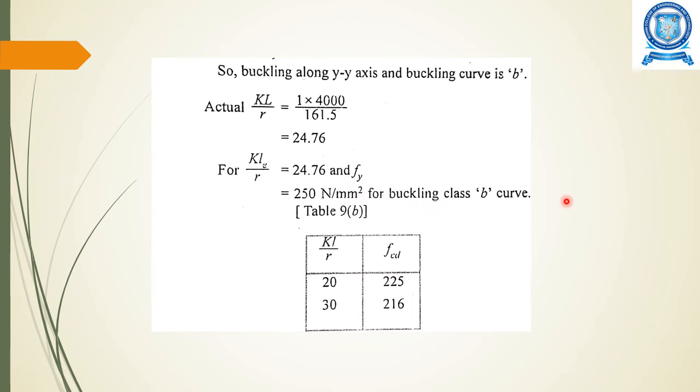For buckling class B, we choose table number 9B of IS 800-2007. For KL by R value 20, the FCD value is 225. For KL by R of 30, it is 216. We want the value for 24.76, so we interpolate.